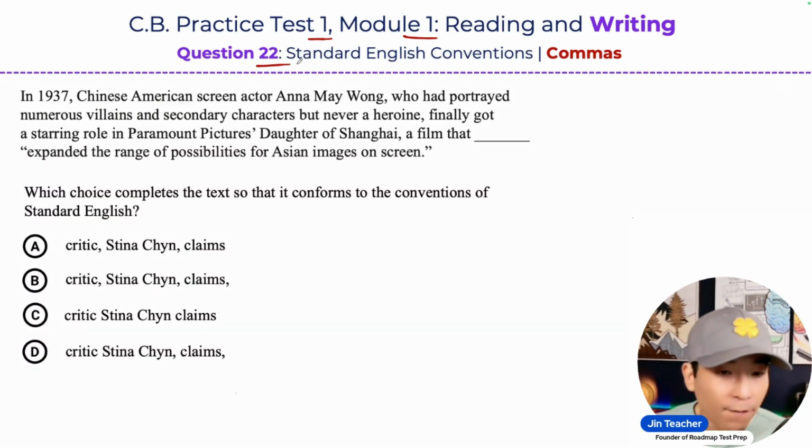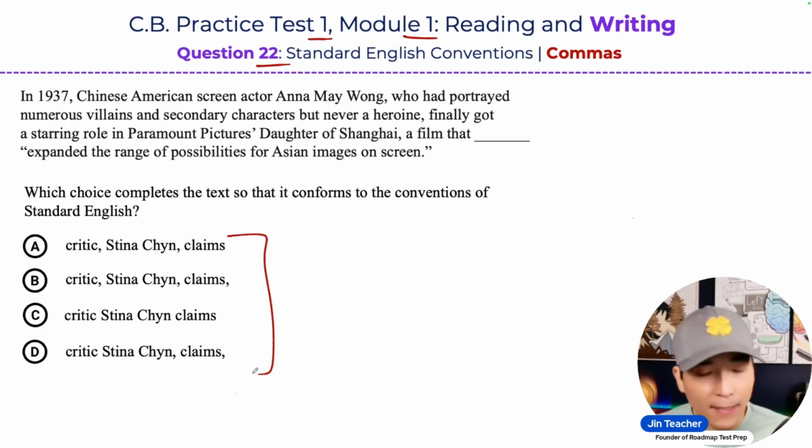Now remember, before you read the passage, I need you to take a look at the answer choices first. Students ask me, why do we have to look at the answer choices first? The reason is that looking at the answer choices will give you a very good clue as to what the SAT is testing you on for that particular question. That's extremely powerful because if you know what the SAT is testing you on, that will really affect the way you read.